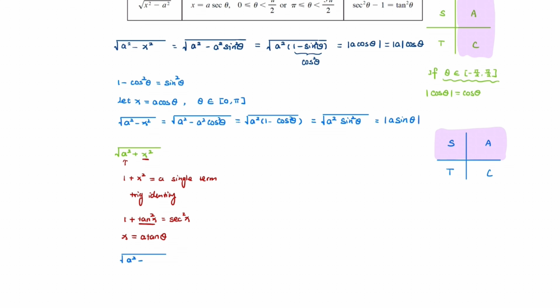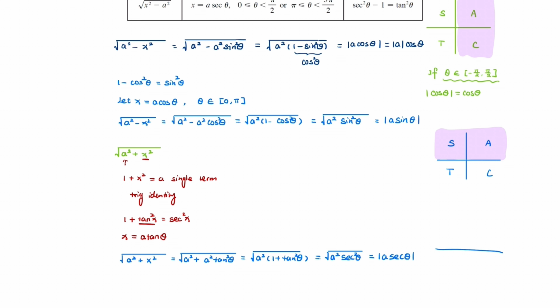Then a squared plus x squared becomes the square root of a squared plus a squared times tangent theta squared. Factor out a squared: 1 plus tangent theta squared, which is the square root of a squared times secant theta squared, which becomes the absolute value of a secant theta.